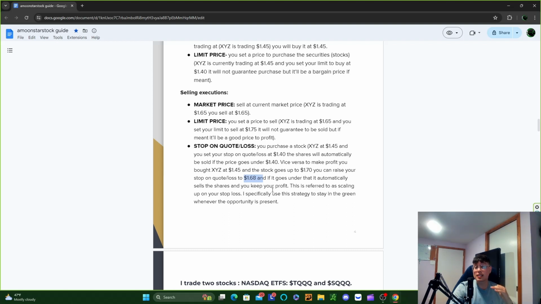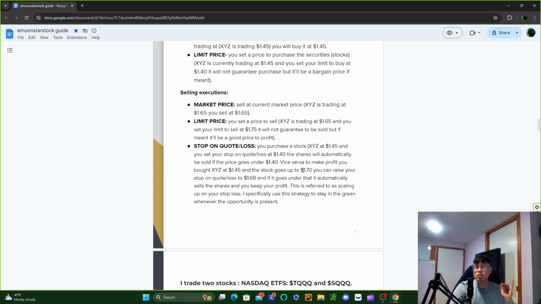That's 28 cents. That's a lot of money because we're talking about multiplication. Whatever amount of shares you have is going to be multiplied by that 0.28. So if you have 1,000 shares, 0.28 is $280 instantly. Boom. You locked in your profits. The stop loss checked you out.